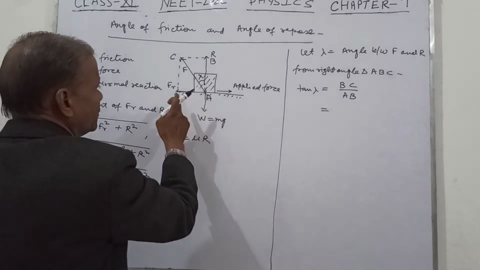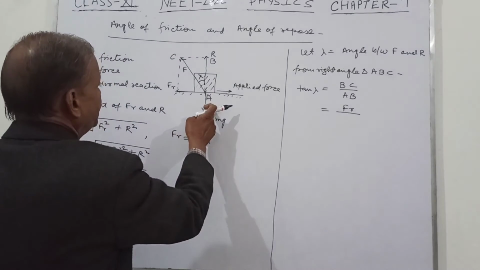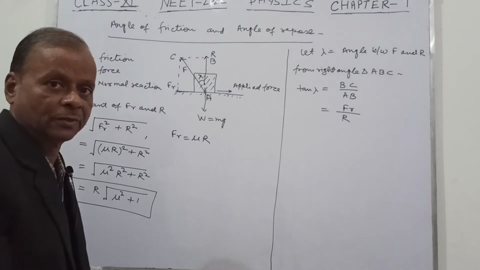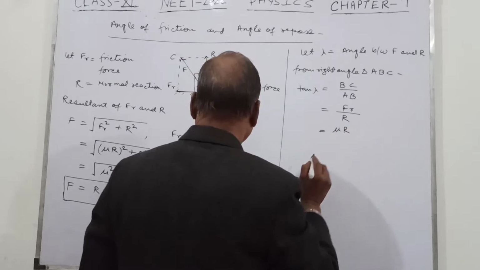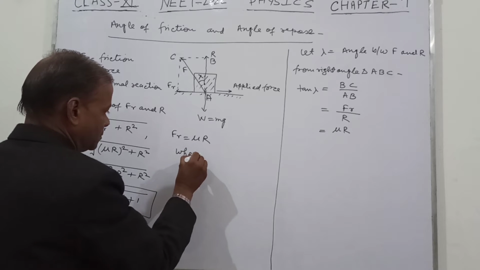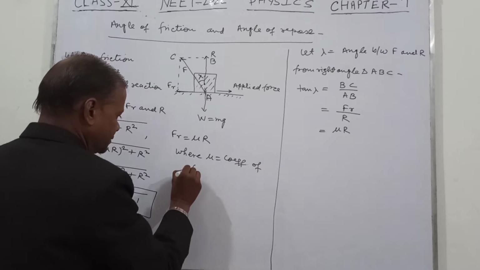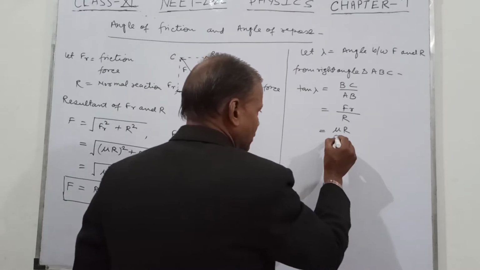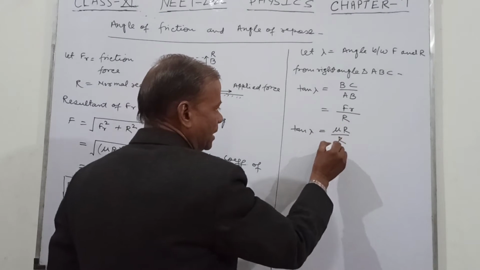BC is Fr, and AB is the normal direction R. So Fr equal to mu R, as we know, where mu is the coefficient of friction, so mu equals Fr upon R. This is equal to tan lambda, R and R cancel.